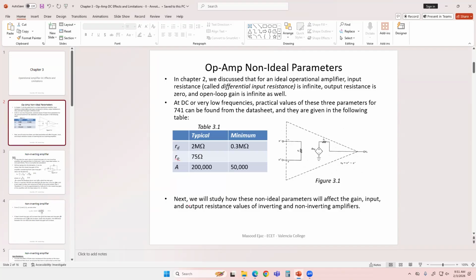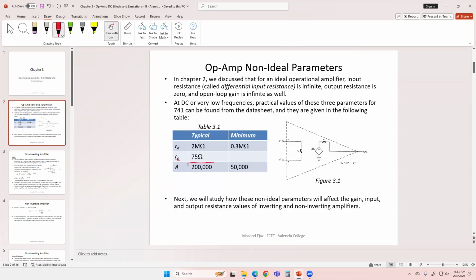Now we will be using this value later on. 200,000. This value we will be using when we discuss oscillators, basically, because oscillators generally are created based on the fact that the input is going to be multiplied by this gain to produce the output. So the oscillators, basically, they oscillate between a positive value and a negative value, right?